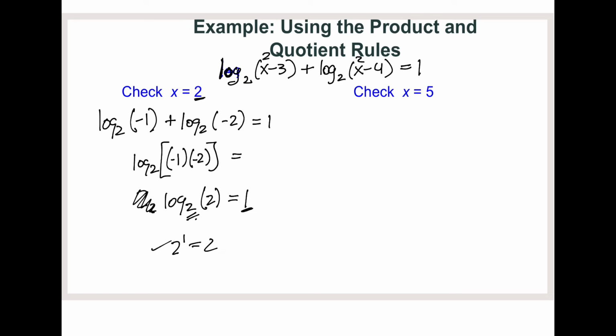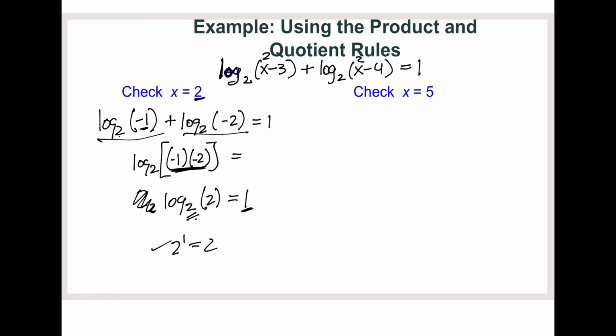Yes, that's true. However, it was only when we put this into the product form that this worked. If we try to take the log base 2 of negative 1 or the log base 2 of negative 2, you can see that we're going to end up with error here and error here. We cannot take the log of anything negative. In other words, 2 to what power is going to give me negative 1?